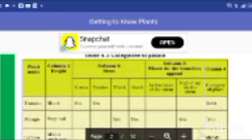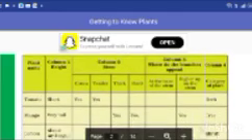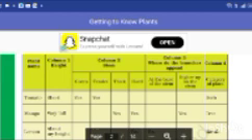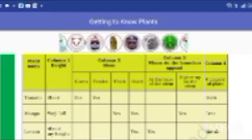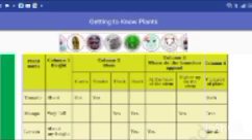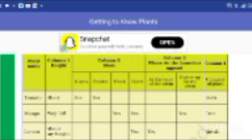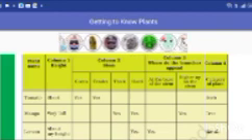Moving next is table 4.1, categories of plants. In this table you can put a cross or a tick, or you can write yes or no. No means cross and yes means tick. I'm not going to write yes or no, I'm simply going to mark a tick or cross.